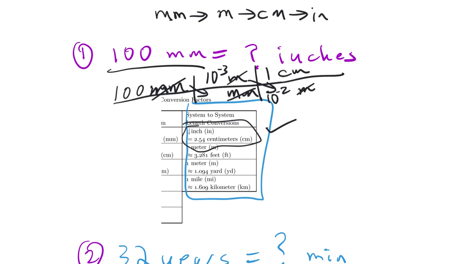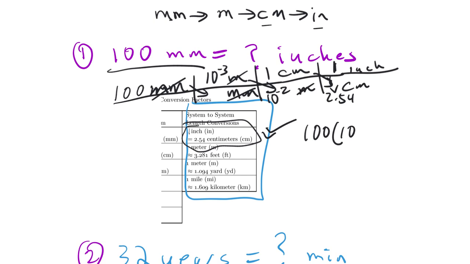Okay, the meters cancel out, leaving centimeters, and I can use this conversion factor over here. So bring down centimeters to inches, and so 2.54 centimeters is 1 inch.